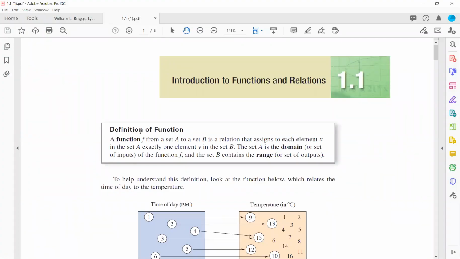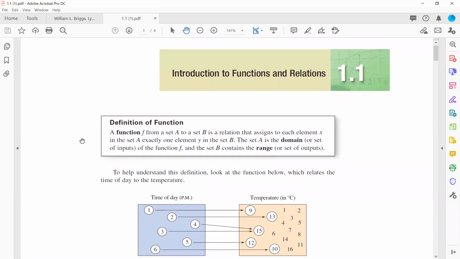Chapter 1, 1.1, Introduction to Functions and Relations. Let us begin by defining a function.